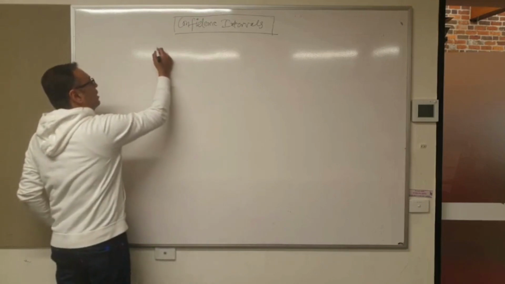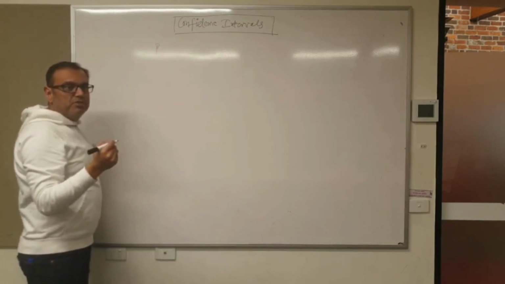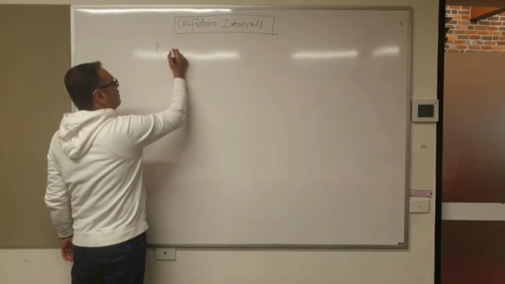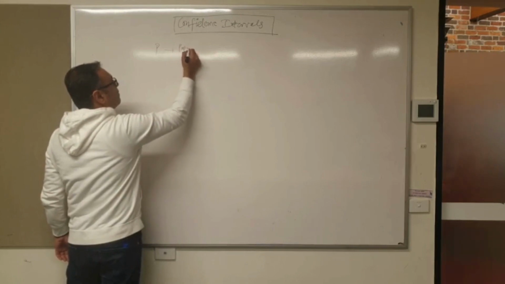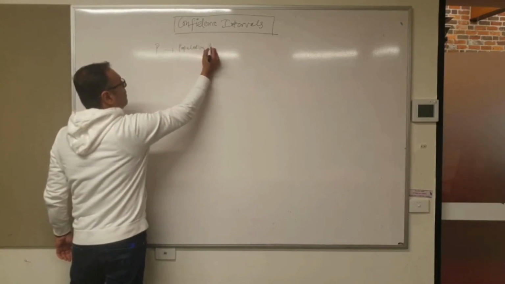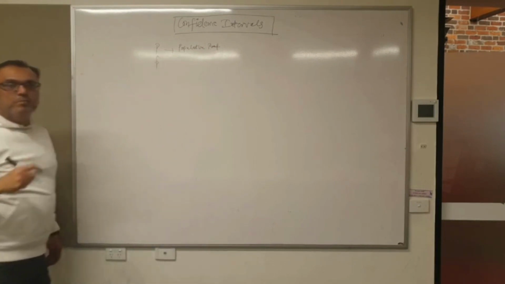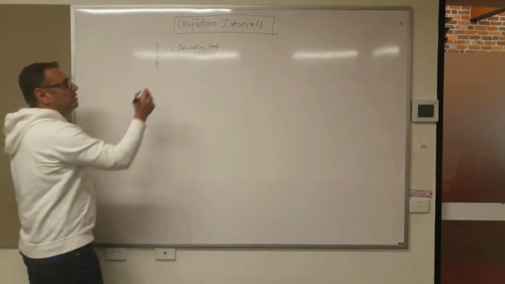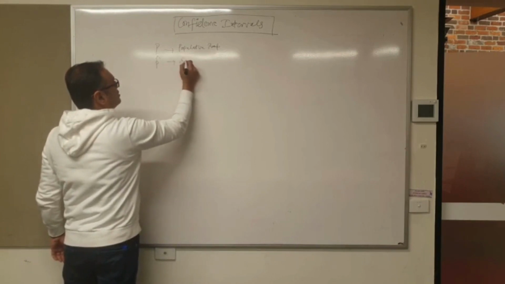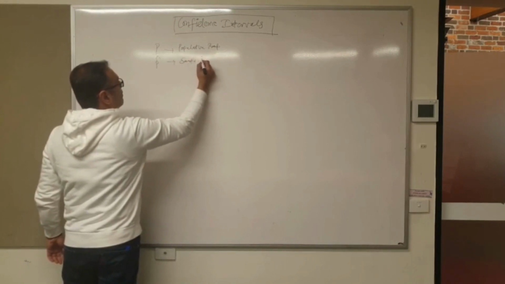We've been talking about population proportion, P, and we're talking about the sample proportion, which is P hat. So this is the sample proportion.